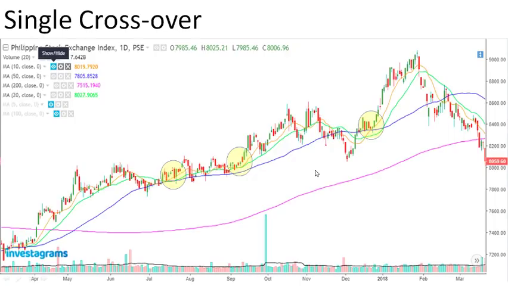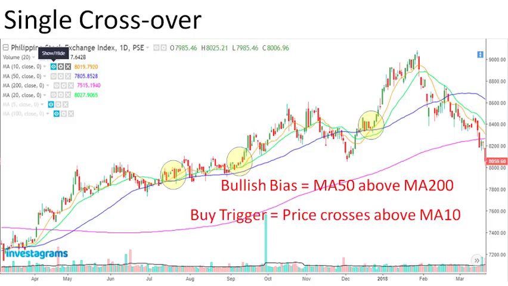So, may single crossover, MA20, pwede mong gamitin, pwede ding MA10. So, yung buy trigger crosses above MA10. Ayan. So, kung mas gusto mo ng mas ADHD or yung closer to relatively impatient na mga holders, pwedeng MA10 ang trigger mo, no? Mas ano ka nga lang, malikot.